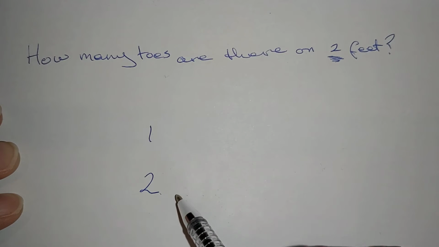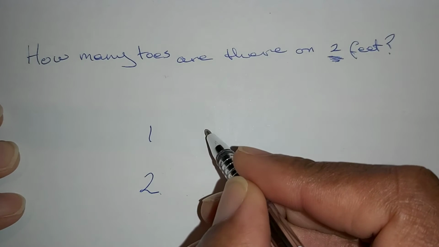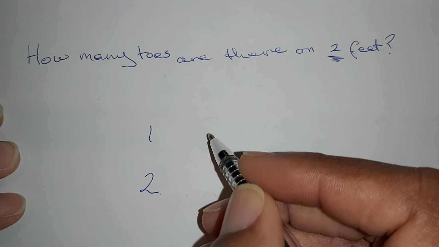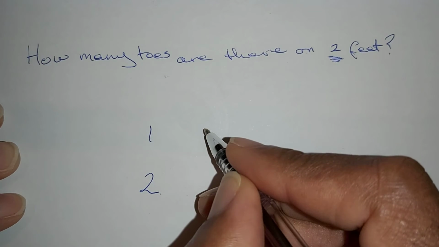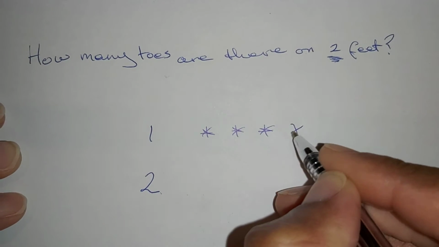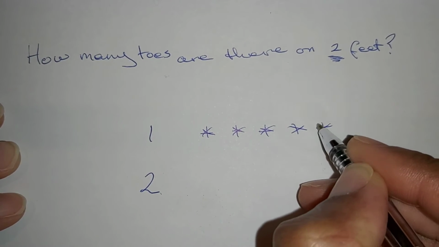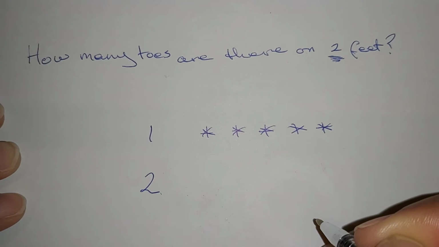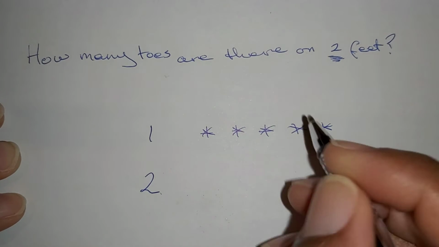So I know that a foot, normally a healthy normal foot, will have 5 toes. So I'm going to write something or draw something to represent my 5 toes. 1, 2, 3, 4, 5. I decided to use stars for my 5 toes.